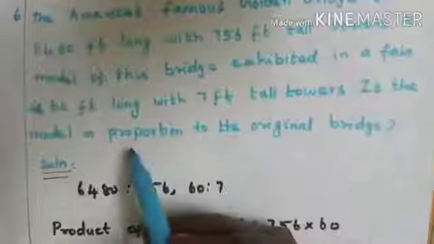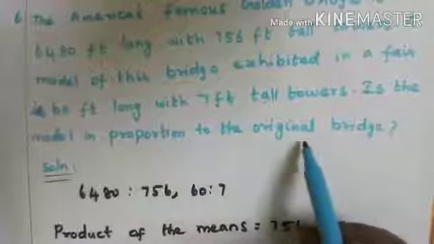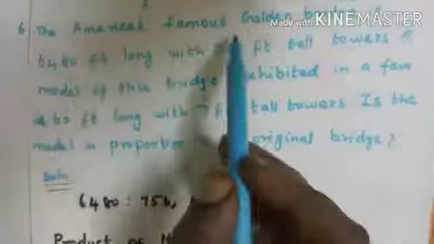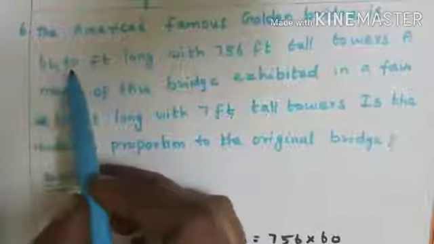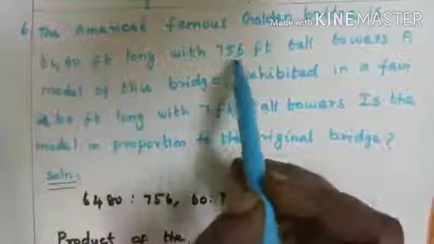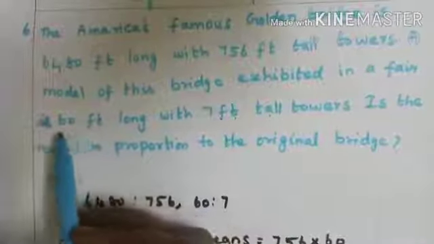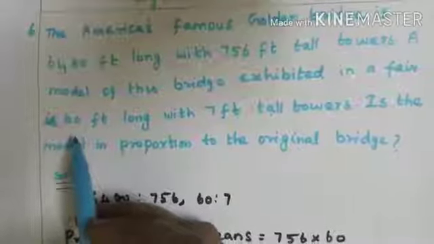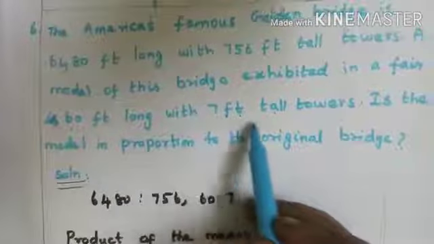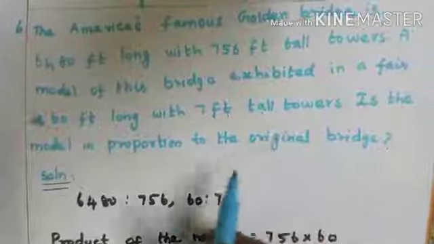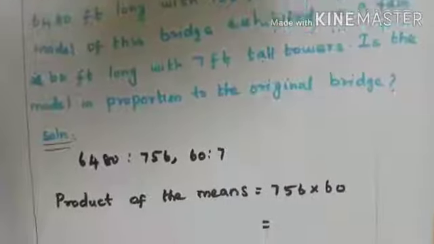Is the model in proportion to the original bridge? The original bridge is given to be 6,480 feet long with 756 feet tall. Here a model of the bridge is exhibited, 60 feet long with 7 feet tall. Now we are going to see whether they are in proportion or not.